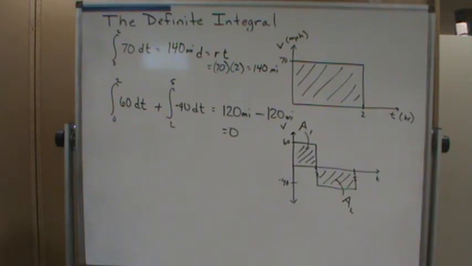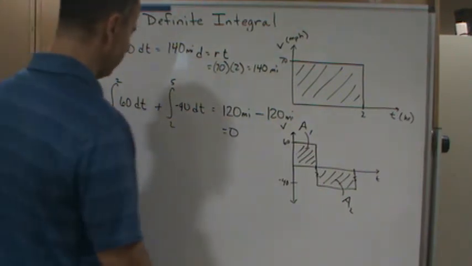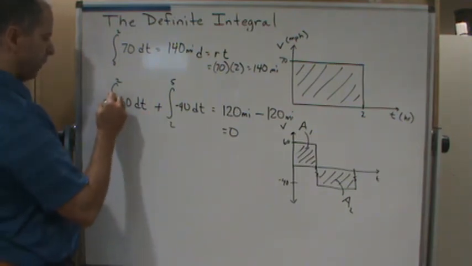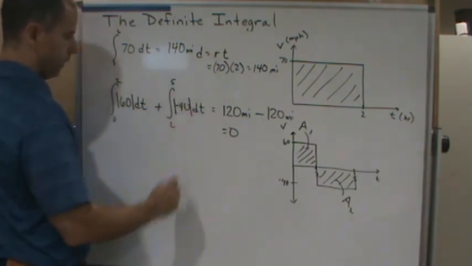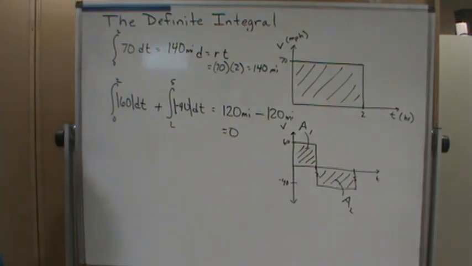Remember, when we talk about area in the physical world, it's always positive. So to get total distance, all we have to do is add the areas above and below the axis. To do that mathematically, we have to put absolute value signs around the integrand.